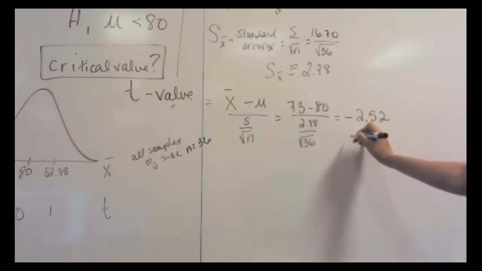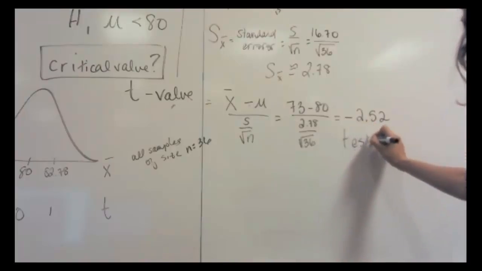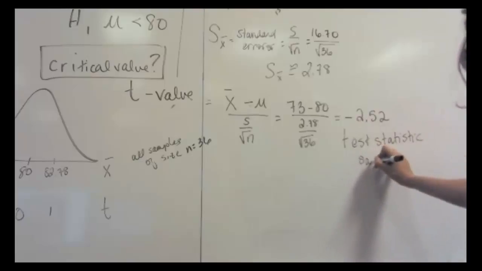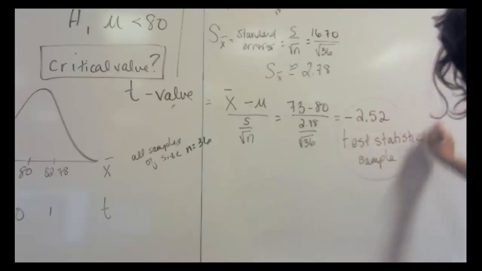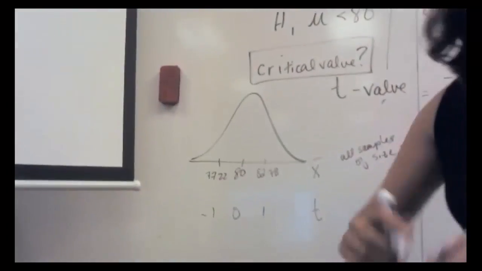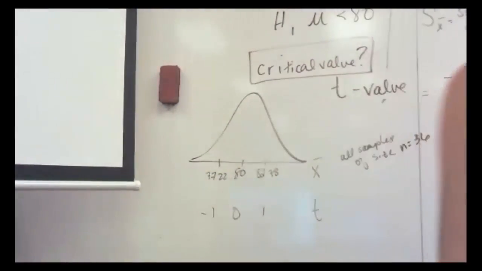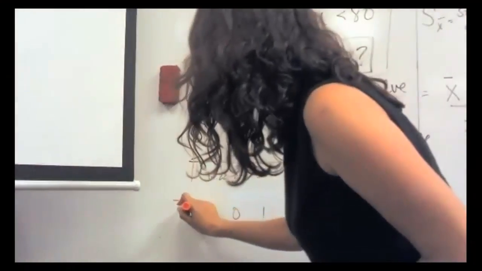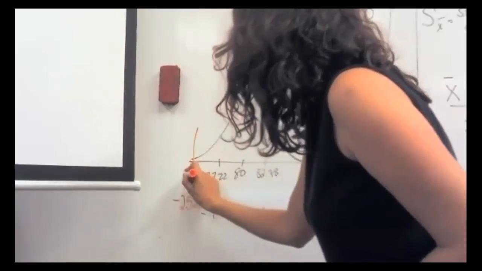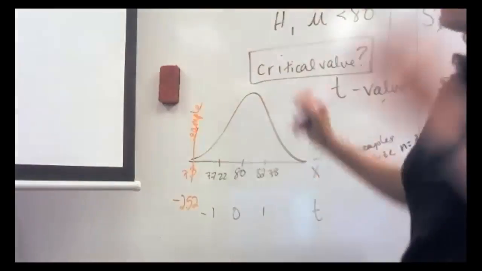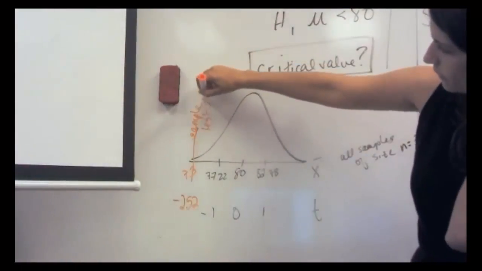This is my test statistic. It comes from my sample. So if I put it over here, at negative 2.52, that was 73, and this is where my sample is.